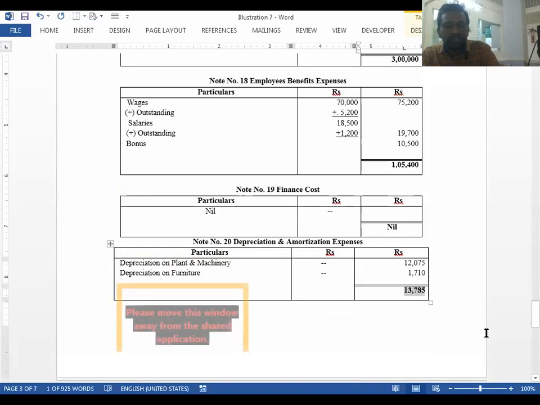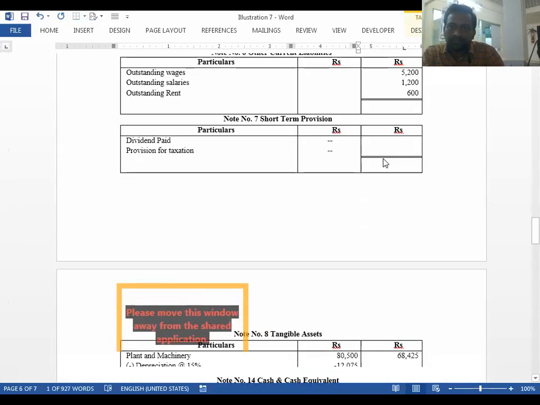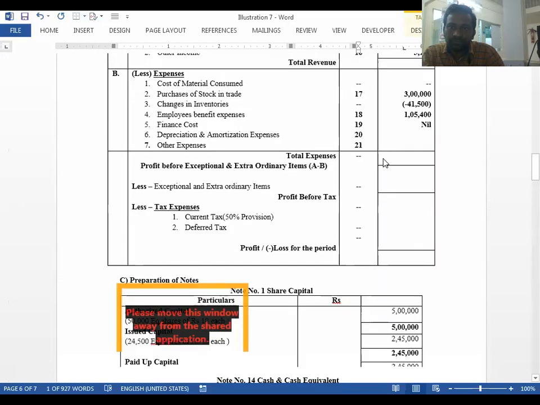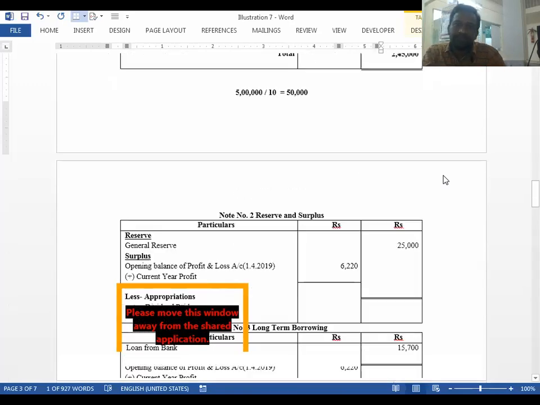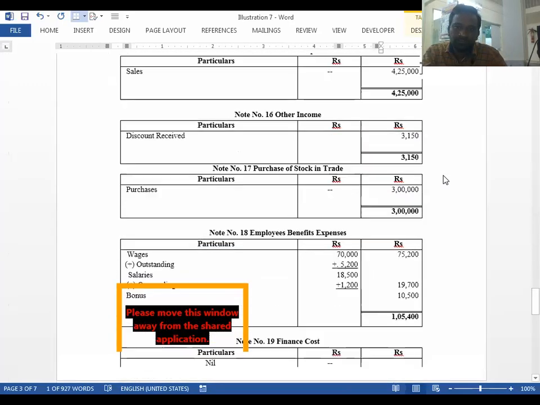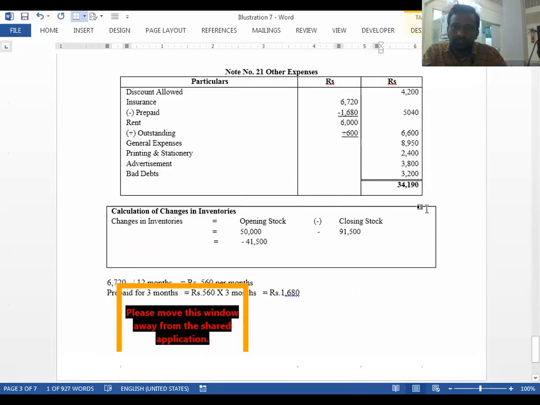Then depreciation and amortization. Last one, other expenses, 34,190.